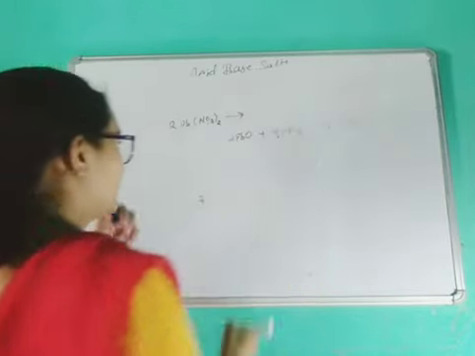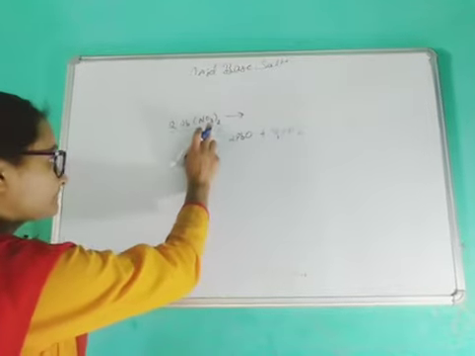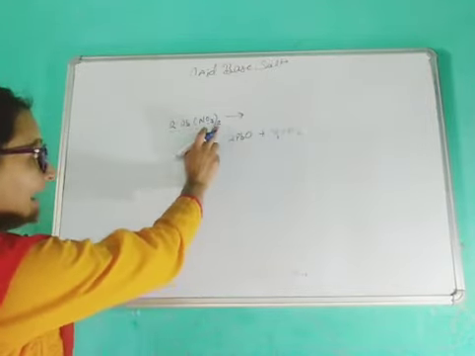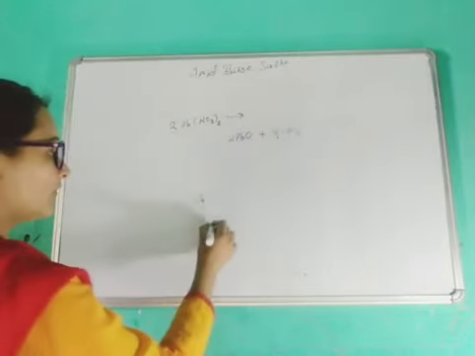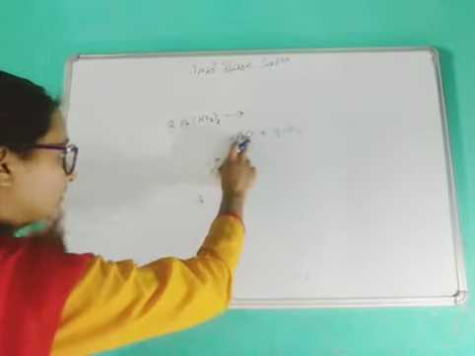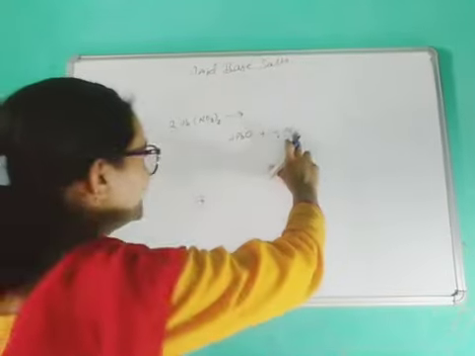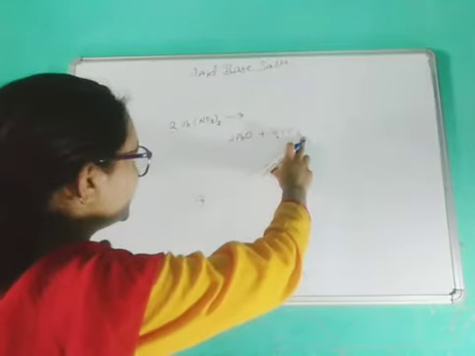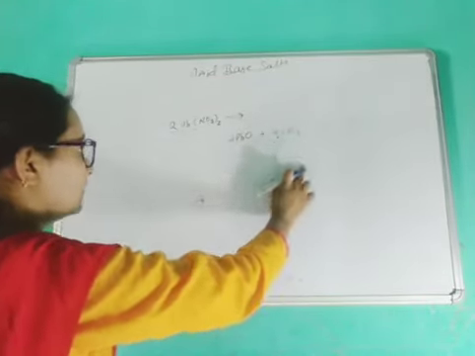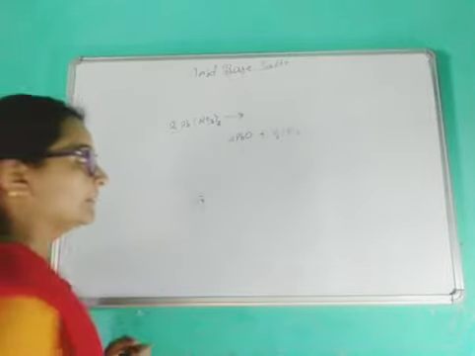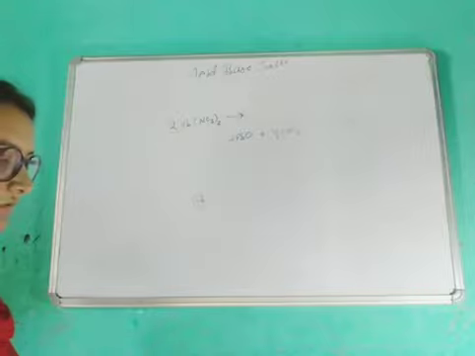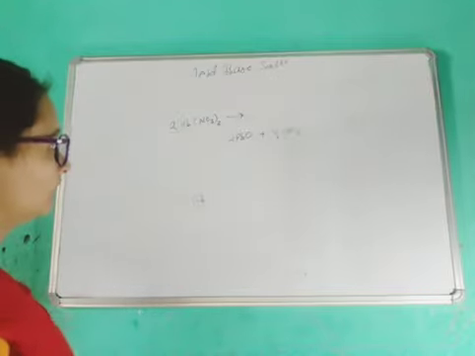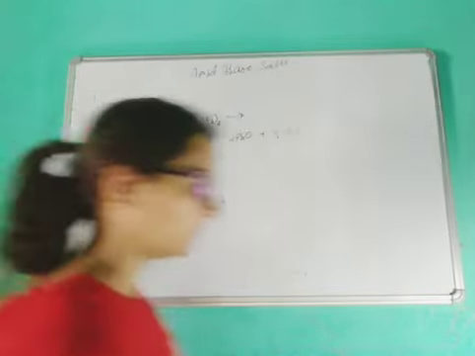There will be 4 NO2, and oxygens are 3 times 2 is 6, and 6 times 2 is 12. So for 12 oxygens, we have 2 oxygens here and 4 times 2 is 8 here. Now 4 remaining, so there will be 2 O2. Okay, I hope you get it now.